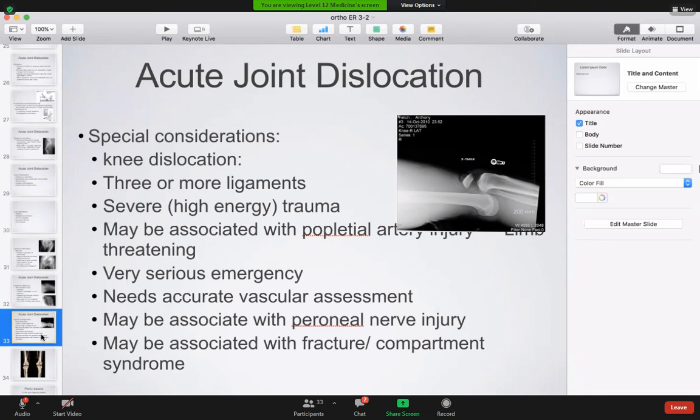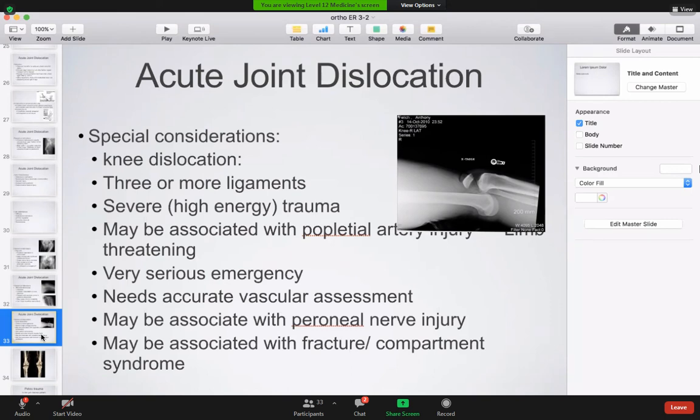In the knee, you should have 3 or more ligaments involved. Usually very high energy is needed to make this happen. The popliteal artery is usually at risk because it's tethered proximally and distally to the knee. It's a very serious emergency and needs accurate vascular assessment.